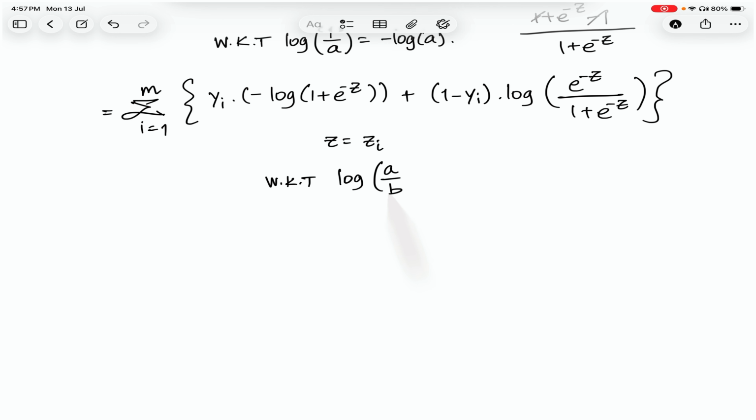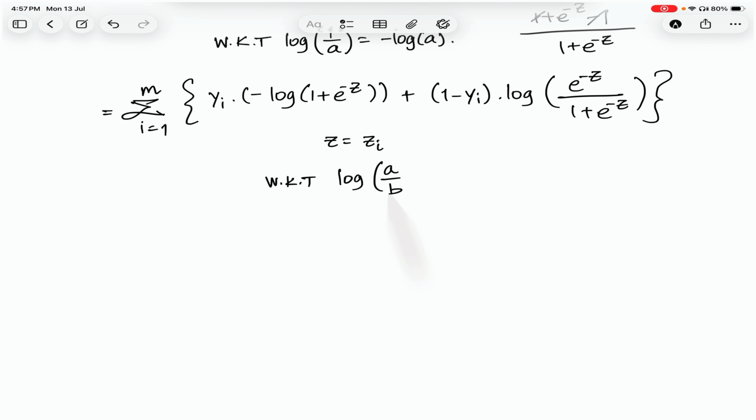So summation through m, you just got 1 minus yi times minus z minus log of 1 plus exponential negative z, which is nothing but summation 1 through m of negative z. Yeah, one more term.